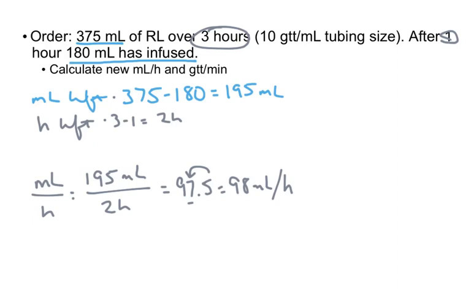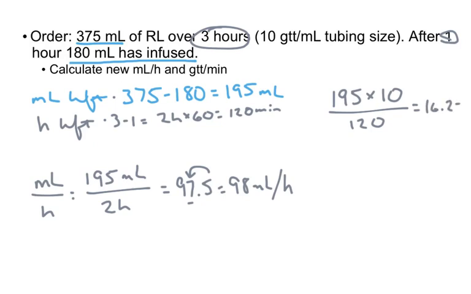So for the formula of milliliters, 195 times my drop factor of 10 over all my minutes. Since I have 2 hours, 2 times 60 is 120 minutes. So 195 times 10 divided by 120, and I get 16.25, which rounded is 16 GTT per minute.